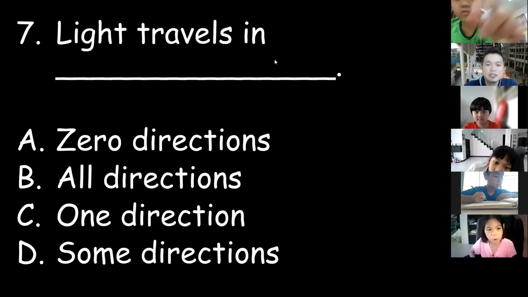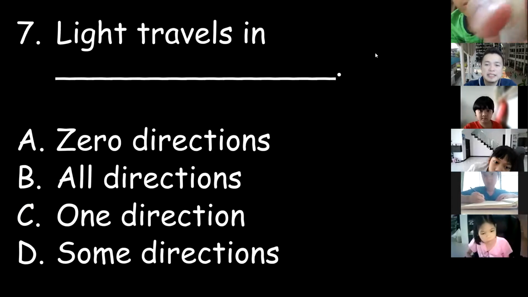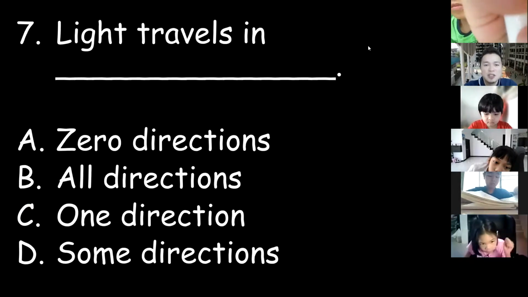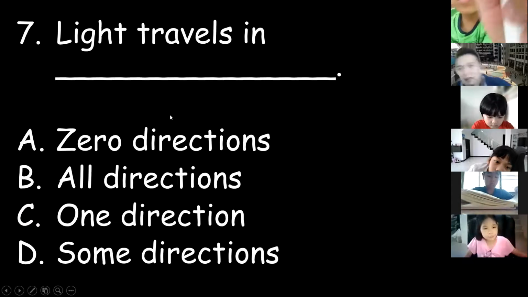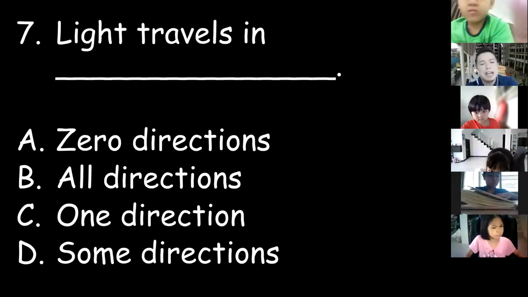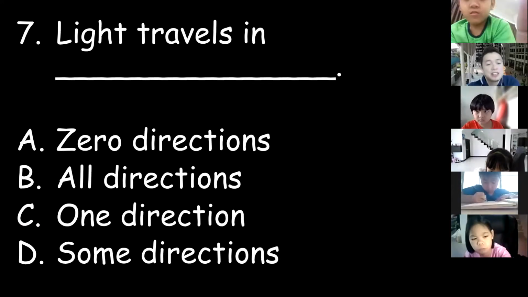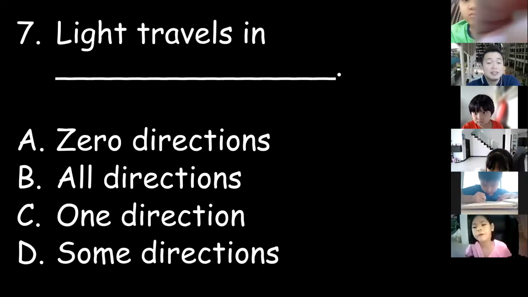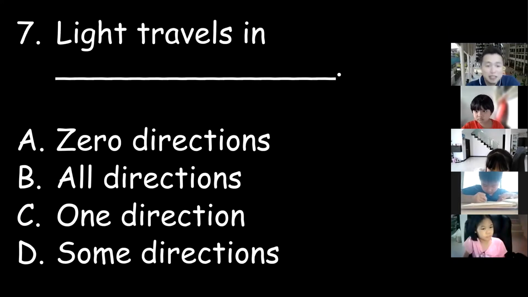Number seven. Light travels in blank. Who can answer? Letter A, zero directions. Letter B, all directions. Letter C, one direction.